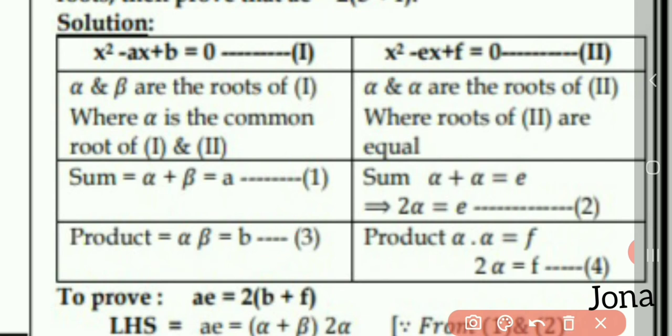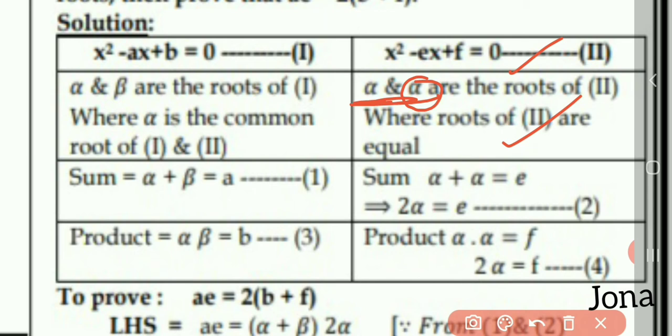Now I want to take the second equation, x² − ex + f = 0. Here alpha is common for equations 1 and 2, and the second root is the same, so alpha and alpha are the roots of the second equation.